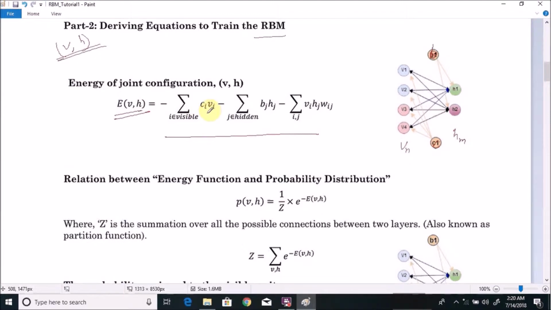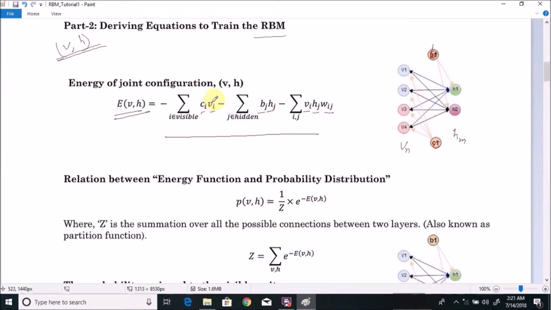This is equal to the sum of the product of all visible units and attached bias, all hidden units and attached bias, and the sum of the product of all visible units, hidden units and their weight.